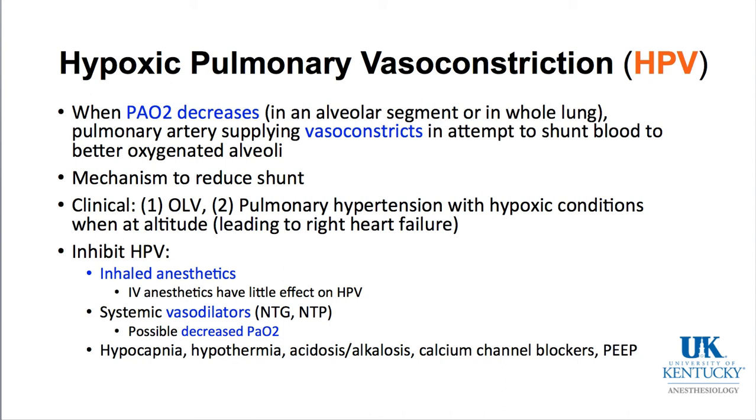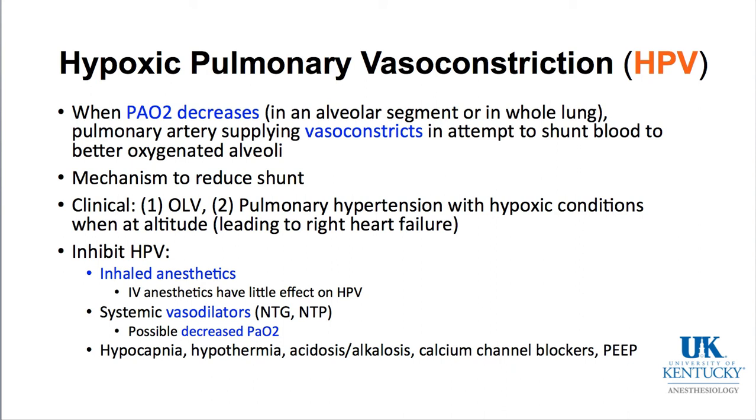Some people who are doing one lung ventilation, who are having problems with oxygenation, who are providing general anesthetic with an inhaled volatile anesthetic, may switch to a TIVA-based anesthetic in an attempt to improve oxygenation by stopping the inhibition of HPV that occurred with the inhaled anesthetics.